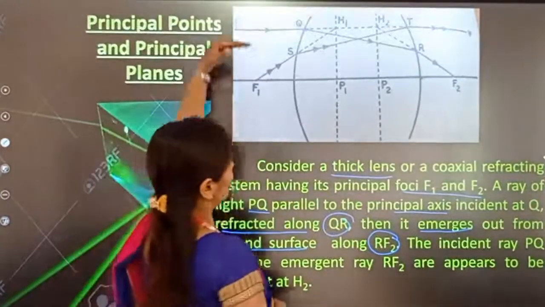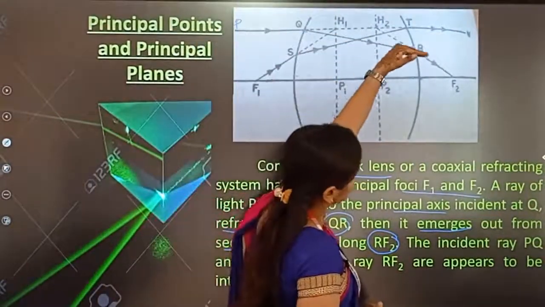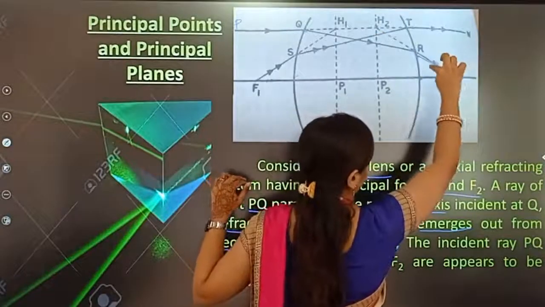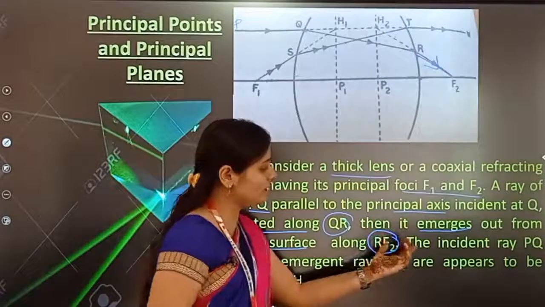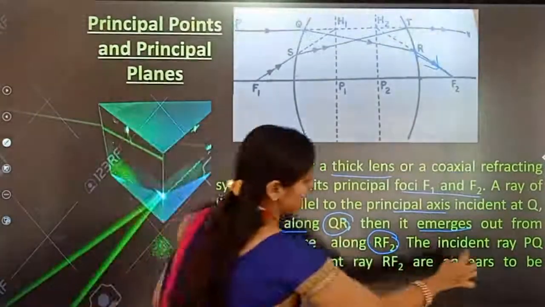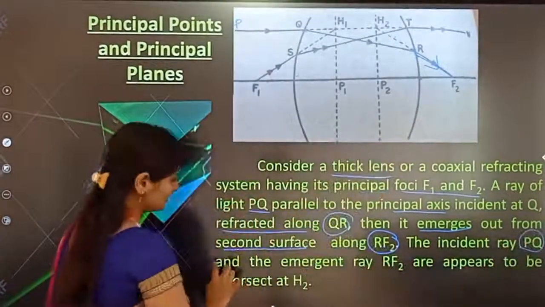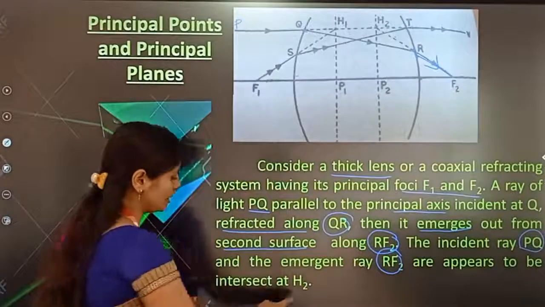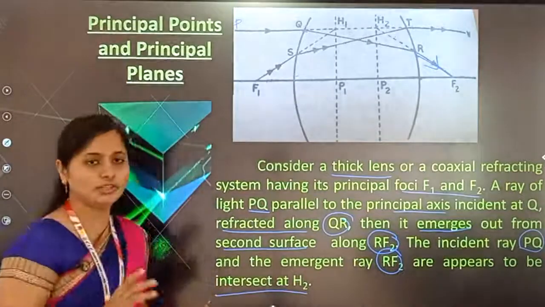Again refraction takes place at R, and the ray emerges out. Next, the incident ray PQ and the emergent ray RF2 appear to intersect at H2.